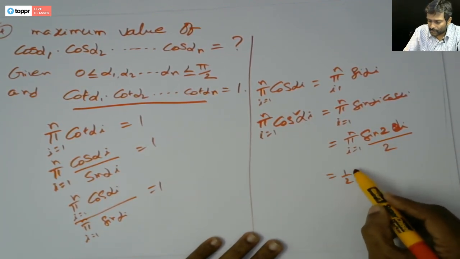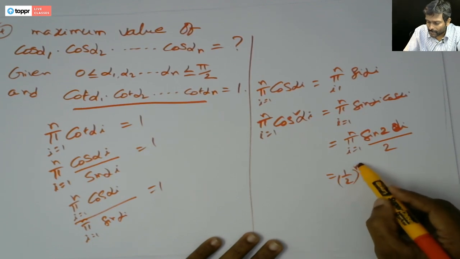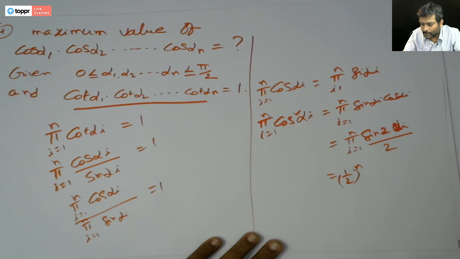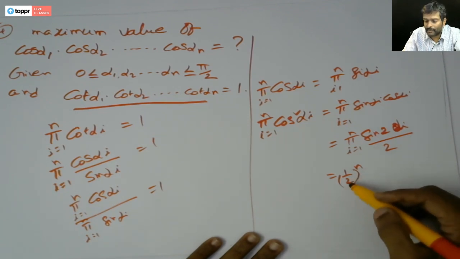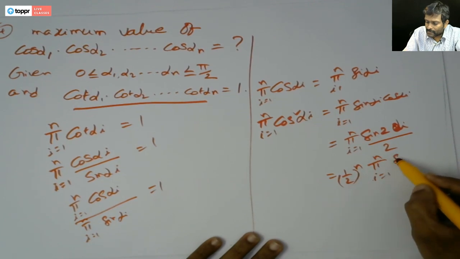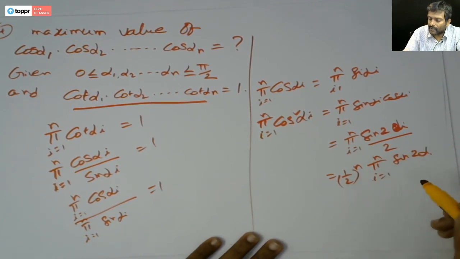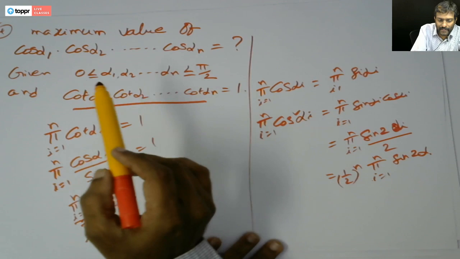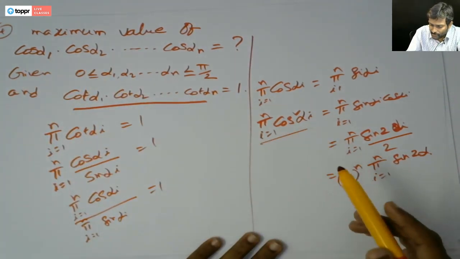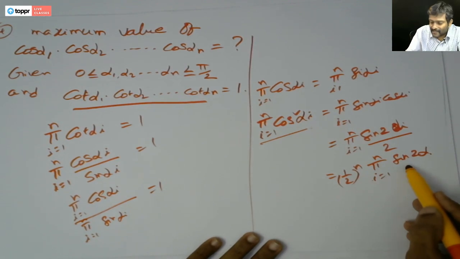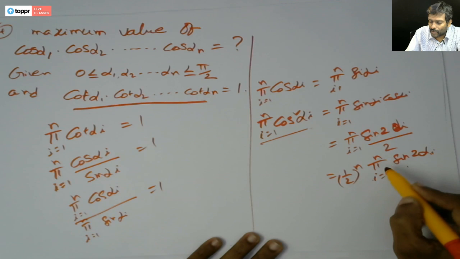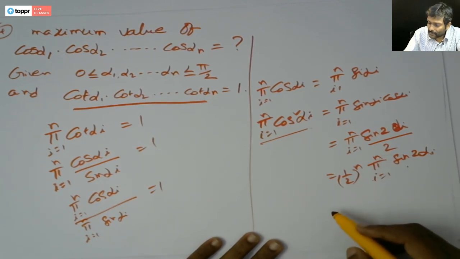So this 1 by 2 I can bring out of the product, which is nothing but 1 by 2 whole power n, because 1 by 2 is multiplied n number of times. The remaining product is simply sine 2 alpha I, with I running from 1 to n.